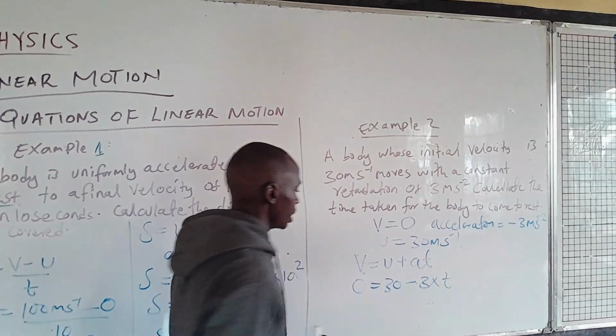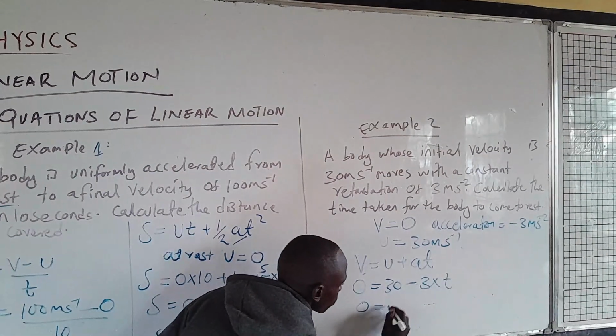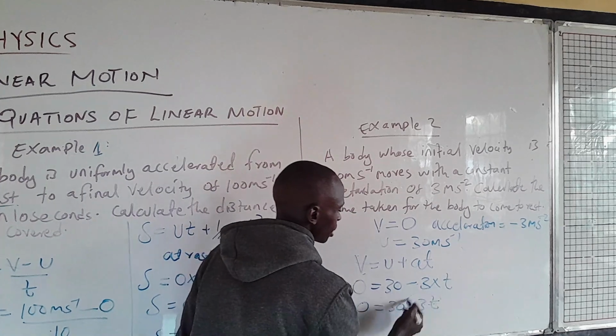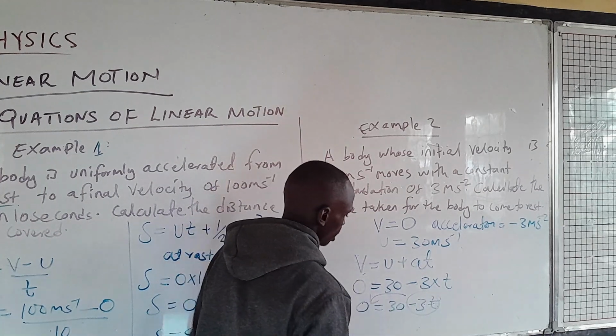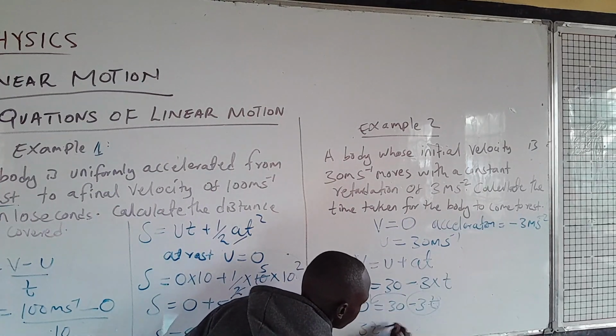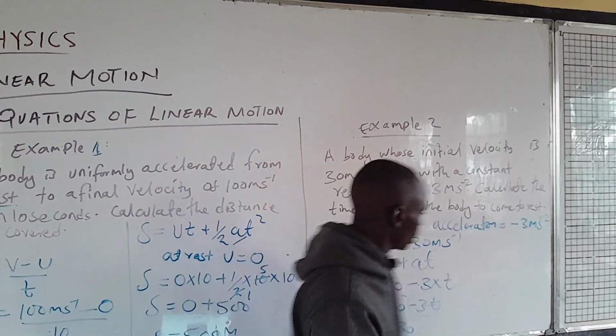We find t now, so 0 will equal 30 minus 3t. We take this 3t to the opposite side across the equal sign, so we have 3t equals 30.